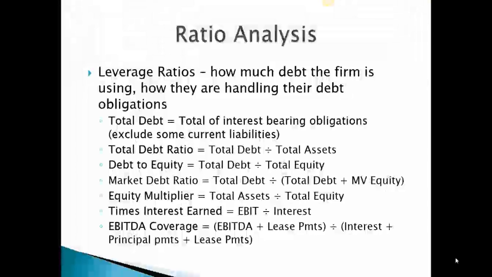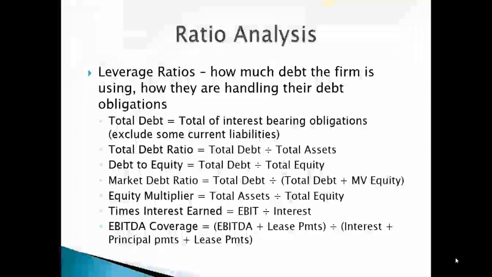And so with that definition of total debt, we can go down to the total debt ratio, and that's going to be simply the total debt of the firm, again, the interest-bearing obligations of the firm, divided by the total assets. Debt to equity is the total debt divided by total equity.